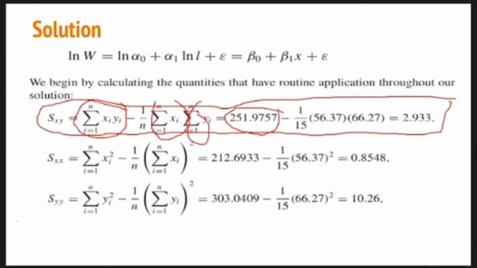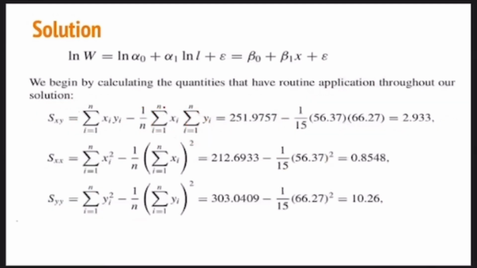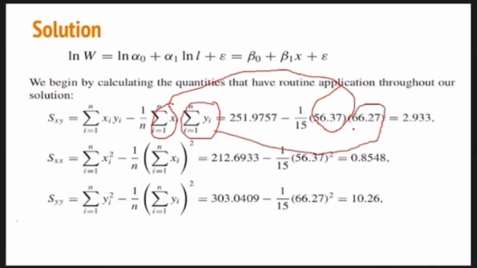So when you put that here, the sum of x is this and the sum of y is this. What is the 15? Of course, n, which is the number of alligators in the data. Now, when I do all of that, I got this. This is the summation of xy.